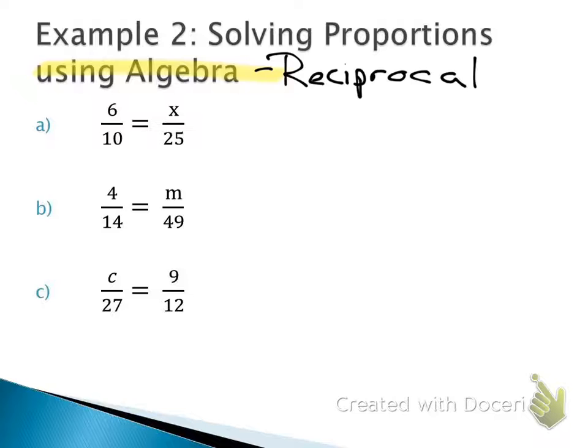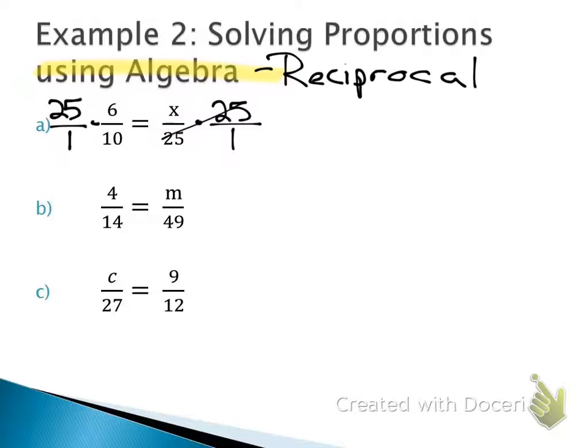So when I'm using algebra, couple things. The variable has to be in the numerator. So that's why you're going to see variable in the numerator on all of these. So I multiply both sides by whatever number is in my denominator. Both sides, in this case, by 25.